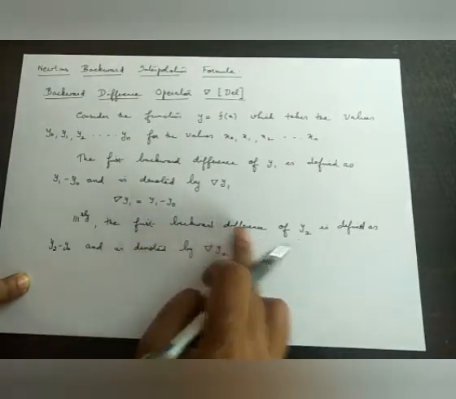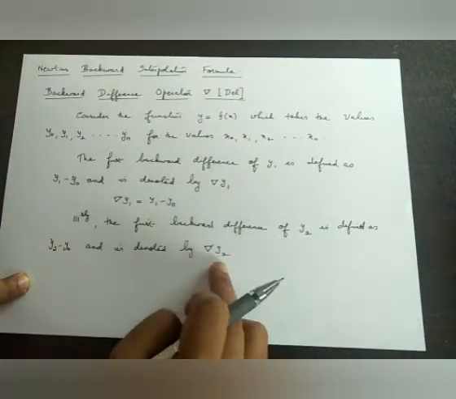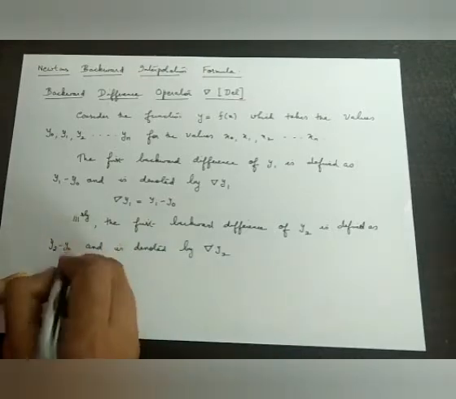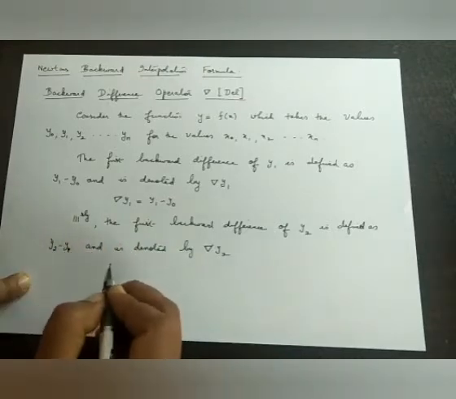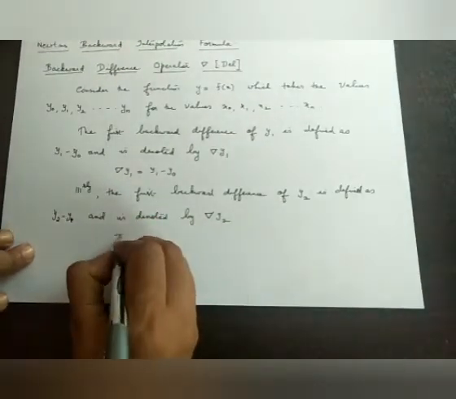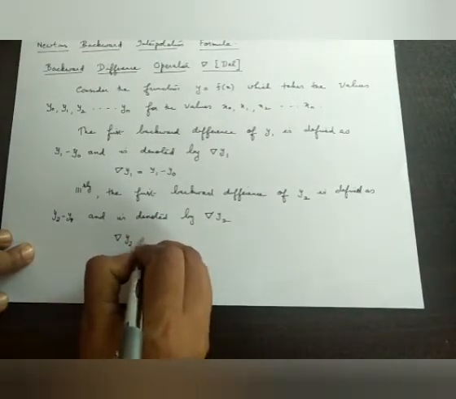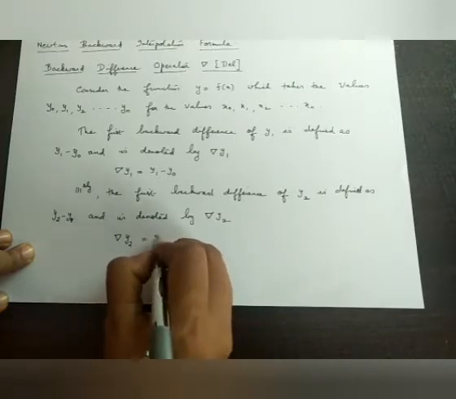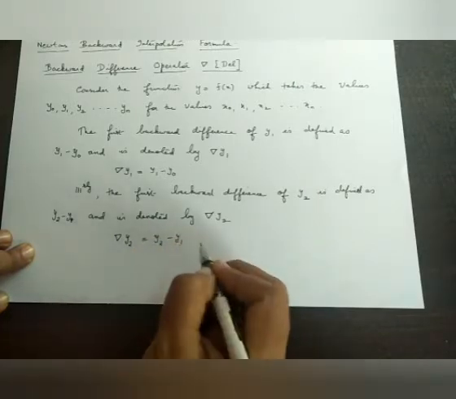The first backward difference of y2 is denoted by del y2, which is equal to y2 minus y1. Therefore, I am writing del y2 is equal to y2 minus y1.